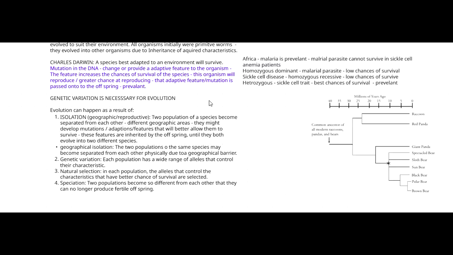This is known as natural selection. Alleles for characteristics that enable organisms to survive and breed successfully are passed on from parent to offspring.